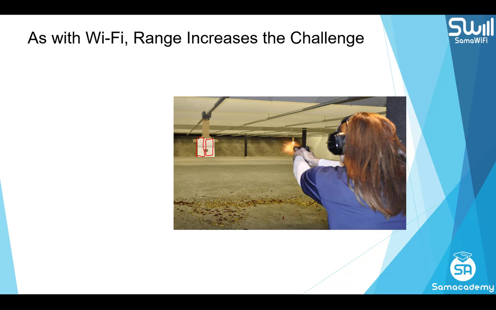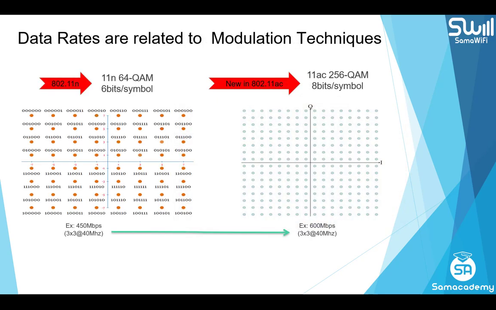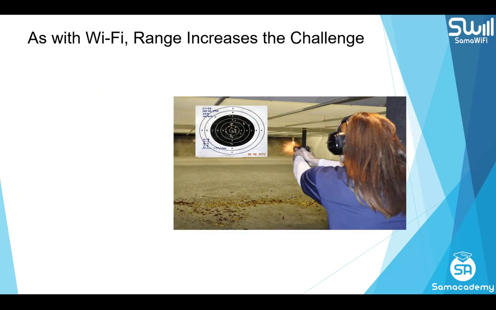Okay. But what happens if we use a different modulation? Let's say the error magnitude in the QPSK is different. So the distance, let's see what happens. It's still possible to see the error vector magnitude.